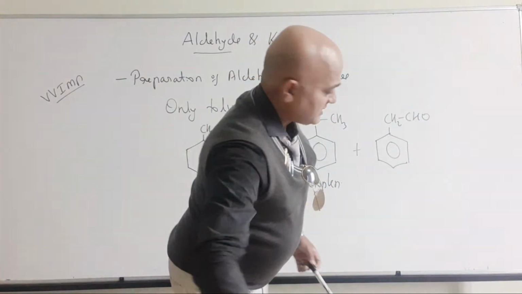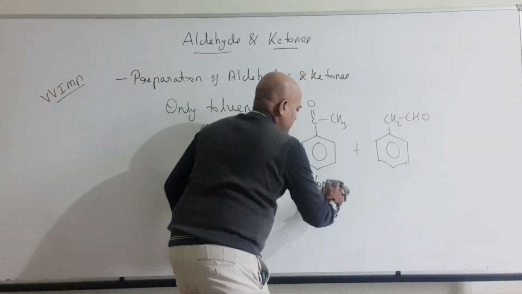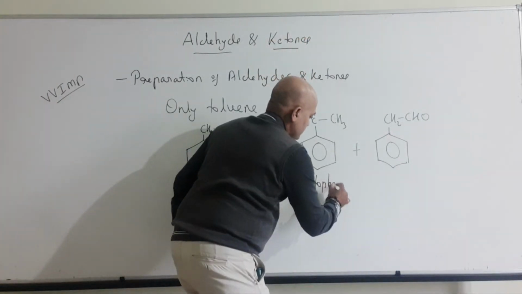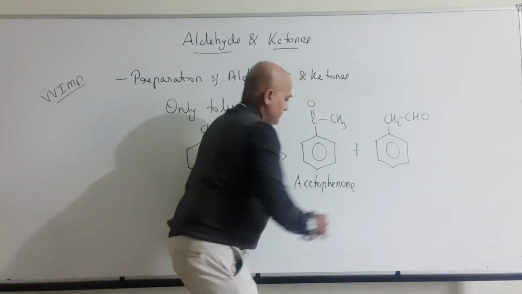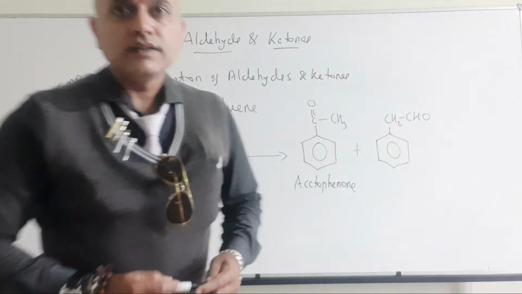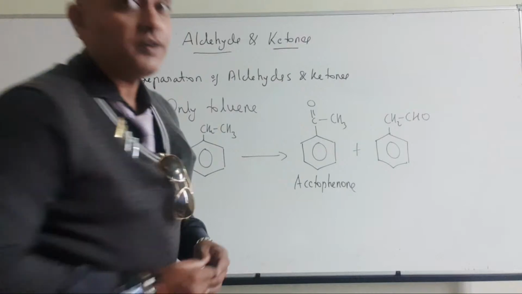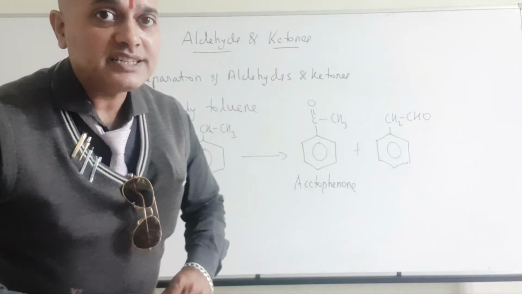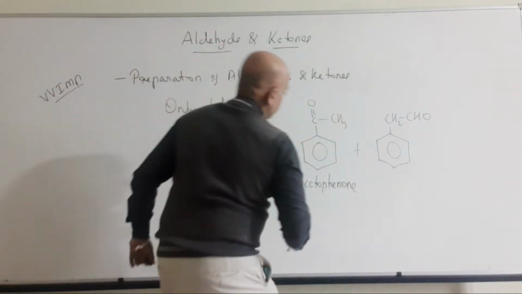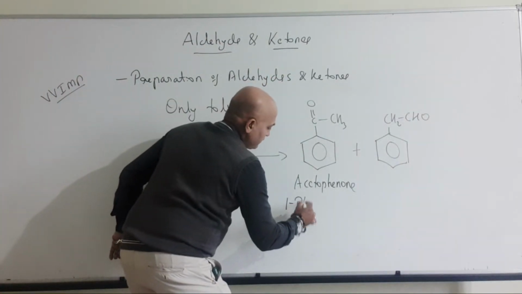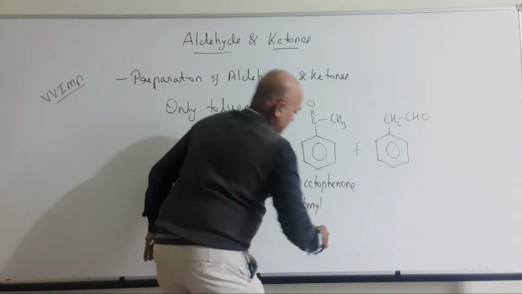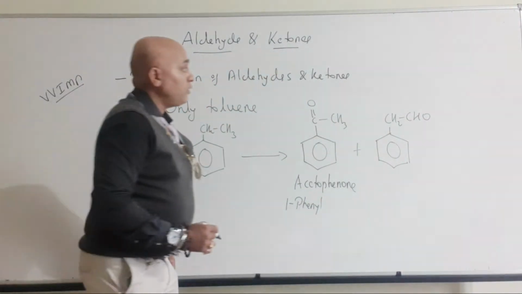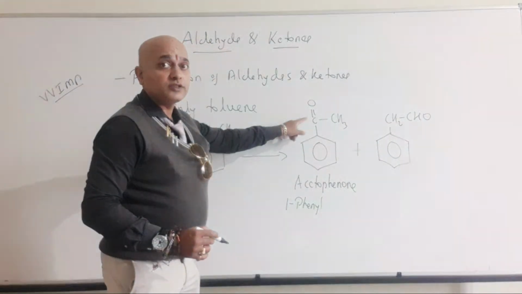I want IUPAC name. I think we have studied this one. Phenylethanol. Okay, Sanjana, same thing you are making the mistake. We have to mention the number. So, 1-phenyl, but still I appreciate. So, 1-phenyl ethan-1-one. This should be 1, not 2.